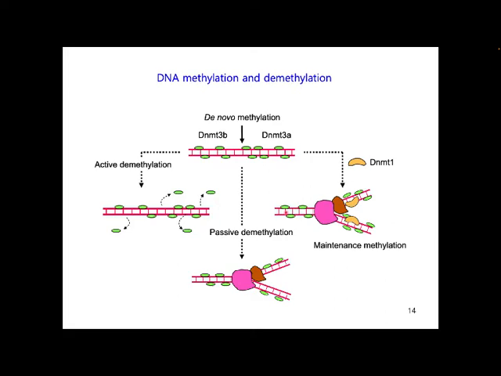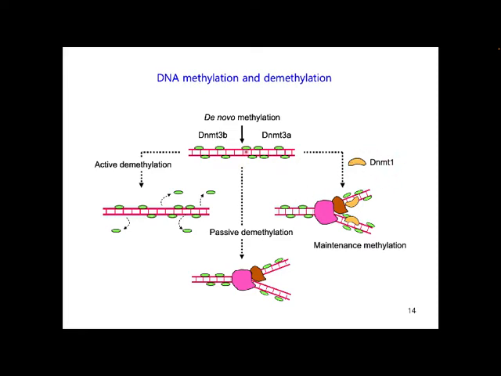After cell division, all of the daughter cells have the same methylation pattern because of the action of DNMT1, which copies the DNA methylation pattern onto the newly replicated DNA strand. So this methylation pattern can be maintained after cell division by the action of DNA methyltransferase 1.